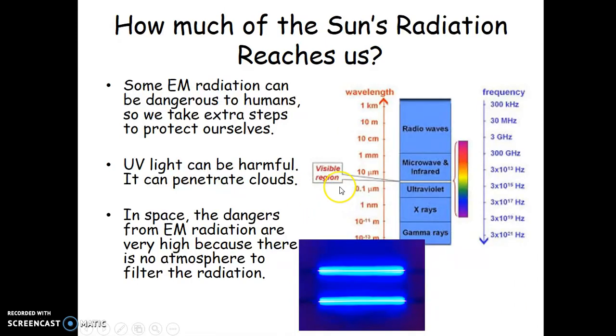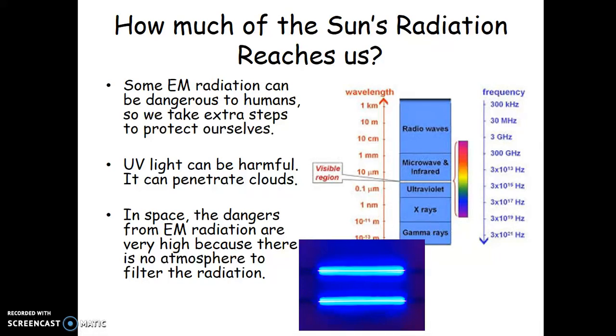So how much of the sun's radiation reaches us? Some of the electromagnetic radiation can be dangerous to humans, so we take extra steps to protect ourselves. What that means is the ultraviolet, X-rays, and gamma rays, these down here, these light rays, are much stronger, and so we have to make sure we take protection.